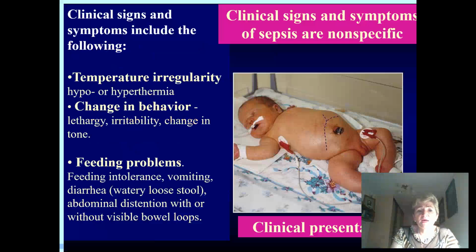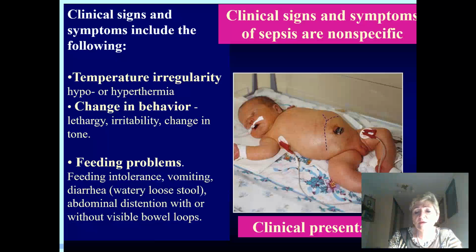Next, sometimes there is a change of behavior, lethargy, irritability, change in muscle tone, feeding intolerance, vomiting, diarrhea, when you reveal watery loose stool, abdominal distension with or without visible bowel loops.